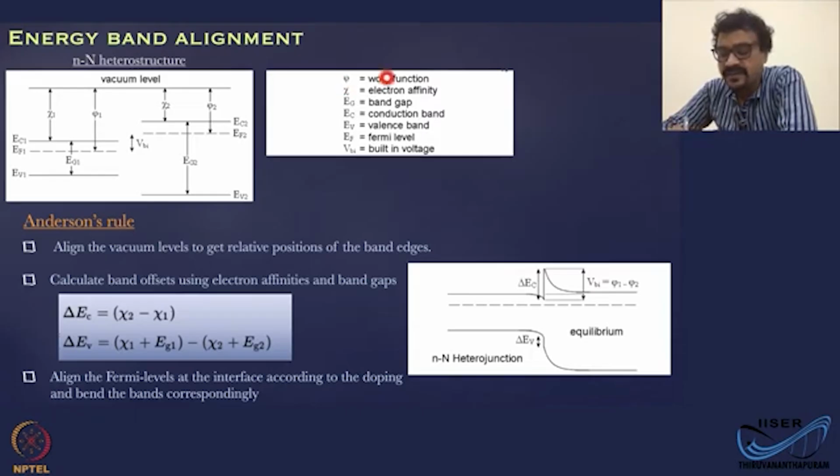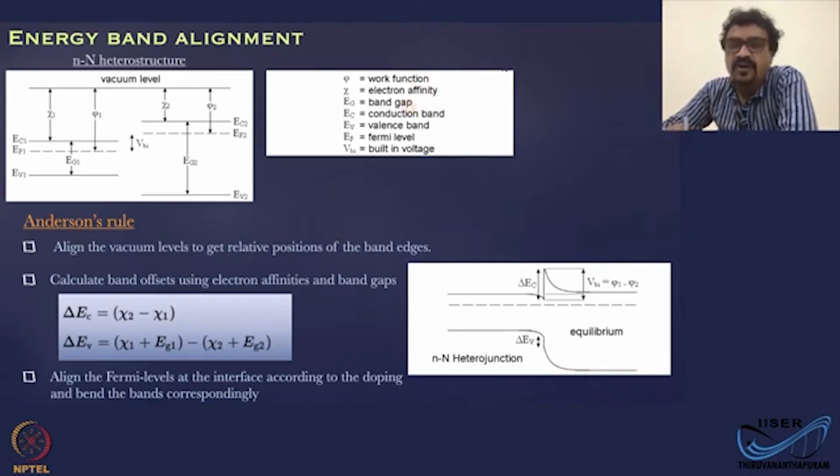Work function is the energy required to remove an electron from the material into the vacuum, and electron affinity is the energy difference between the conduction band edge and the vacuum level, whereas work function is the energy difference between the vacuum level and the Fermi level.